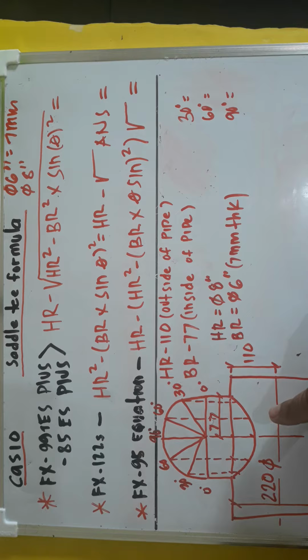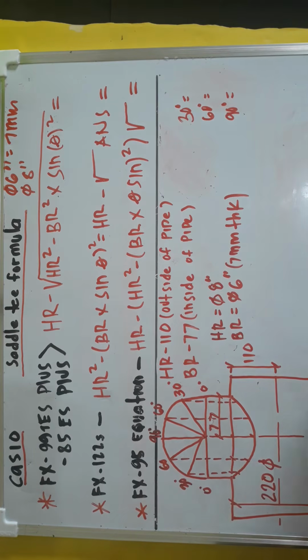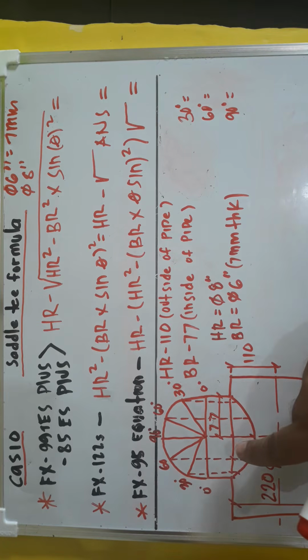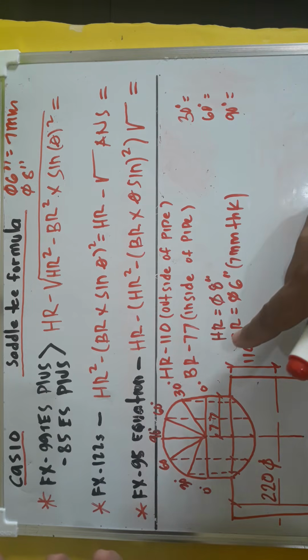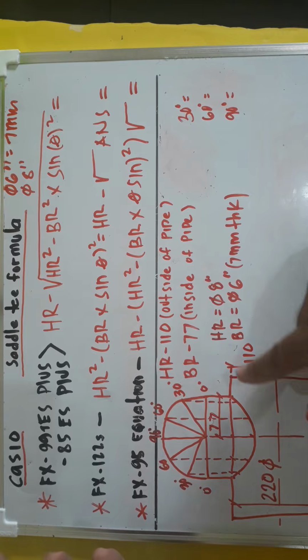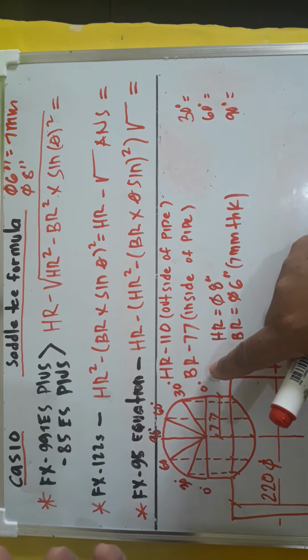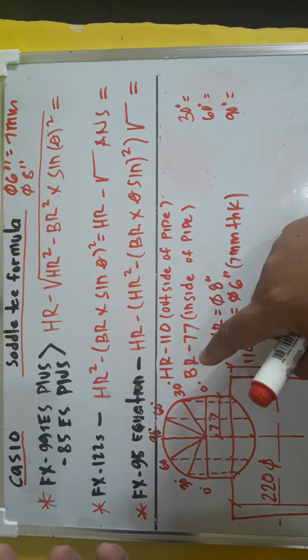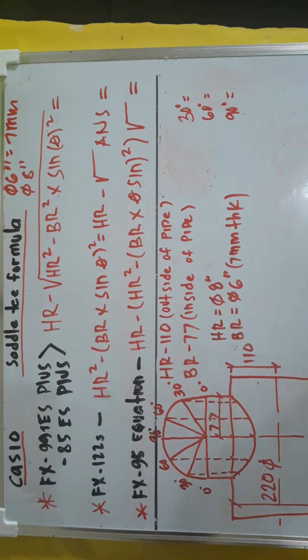And the next is, if you do it by a pattern, you have to calculate the circumference of your branch. So your branch has an outside diameter of 168.